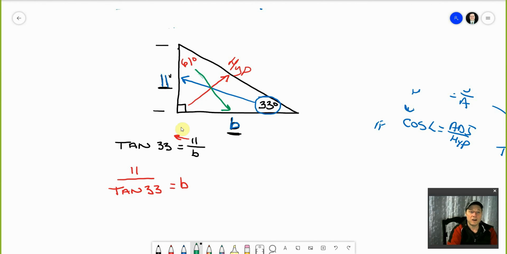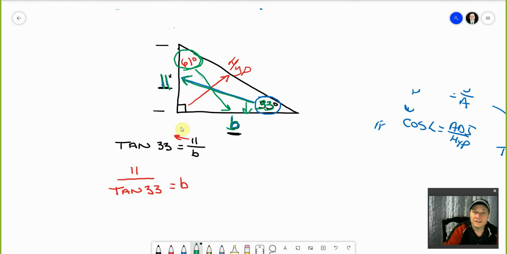If we're talking about 61 degrees, this is the angle we're referencing, then this side has to be opposite and this side has to be adjacent. If I'm talking about the 33-degree angle, now this side is opposite and this side is adjacent. The angle tells you what the sides are called.